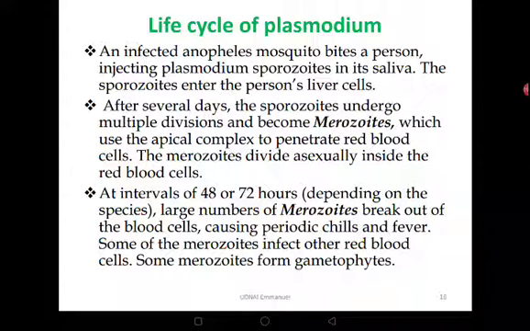To begin with, an infected Anopheles mosquito will bite a person, injecting that person with the Plasmodium sporozoites from its saliva. The sporozoites enter the person's liver.